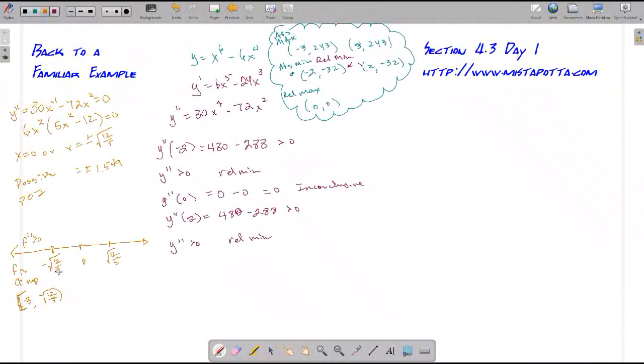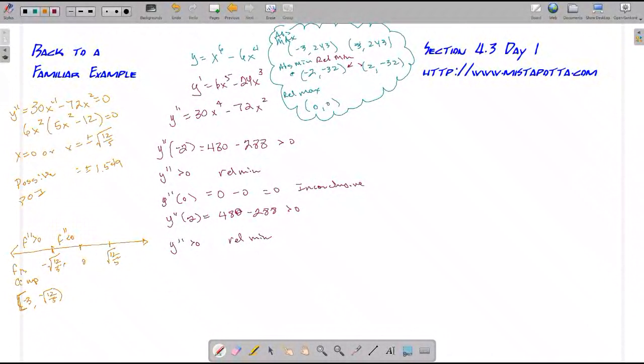If I take a look at this, because this is 1.549, I know negative 1 falls in this region. So if I substitute a negative 1 in here, this is a positive value. But 5 minus 12 is negative. So my second derivative is less than 0.